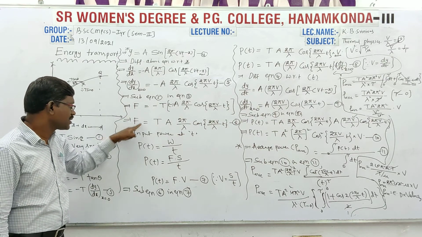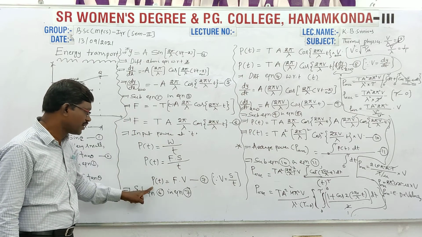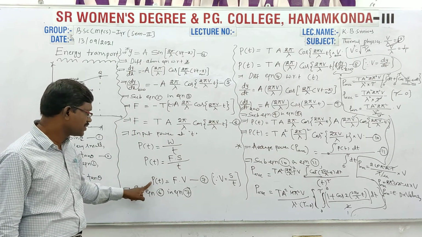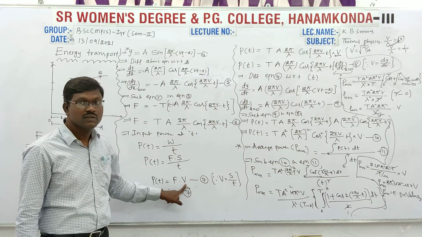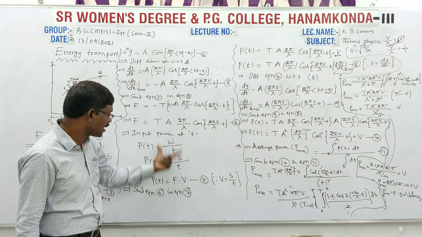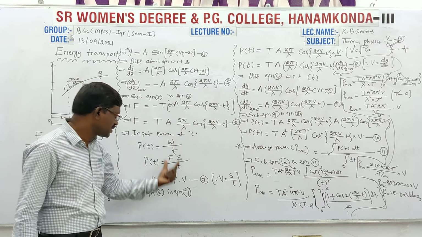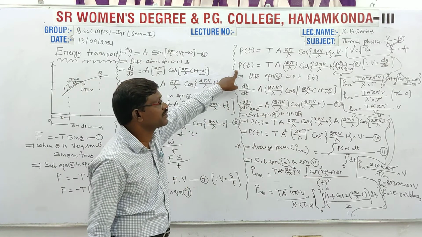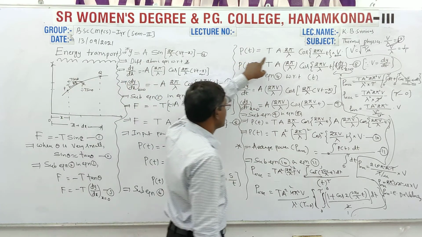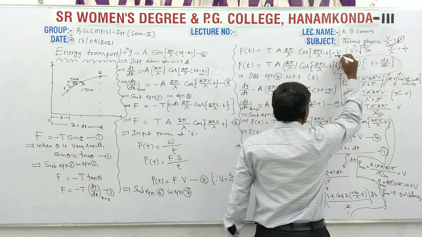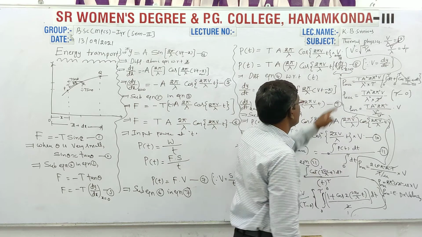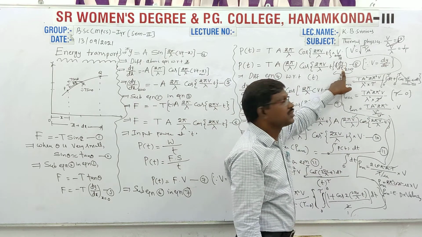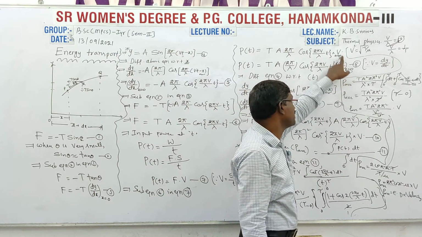So after calculation of this net force, you can calculate power. How? Because power is equal to force into velocity. I have calculated force already. So substitute equation 6 in equation 7, you will get input power. During this input power, this is a very important step. Replace this velocity as dy by dt. Rate of change of displacement gives what?